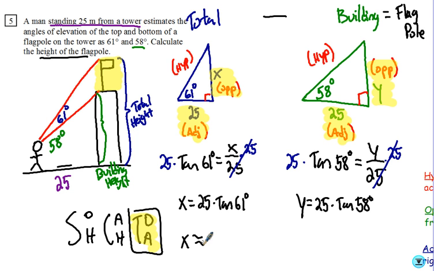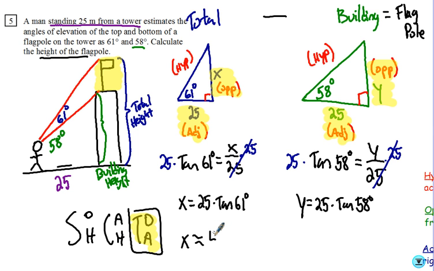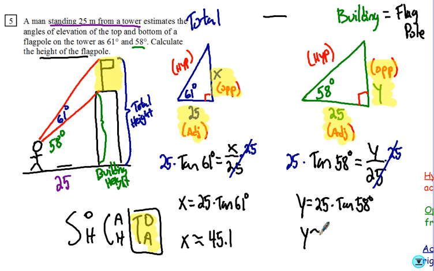So at this point, we'll throw that in the calculator. I've got 25 times tangent of 61, and I get approximately 45.1. And then 25 times tangent of 58, we get approximately 40.